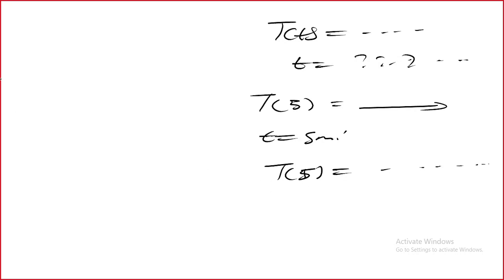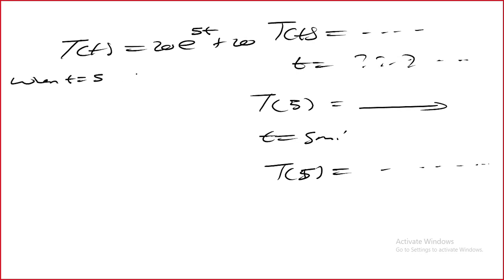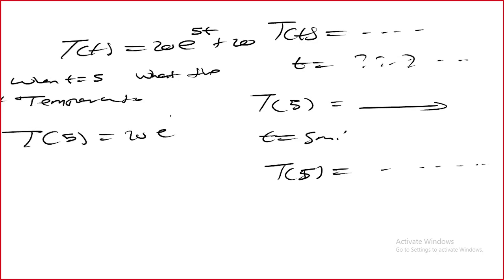Let's say your equation is T of t equals 20 e to the exponent 5t plus 20, and they say when time is 5 minutes, what is the temperature? T of 5 equals 20 e to the 5 multiplied by 5, plus 20, and then you get your answer.